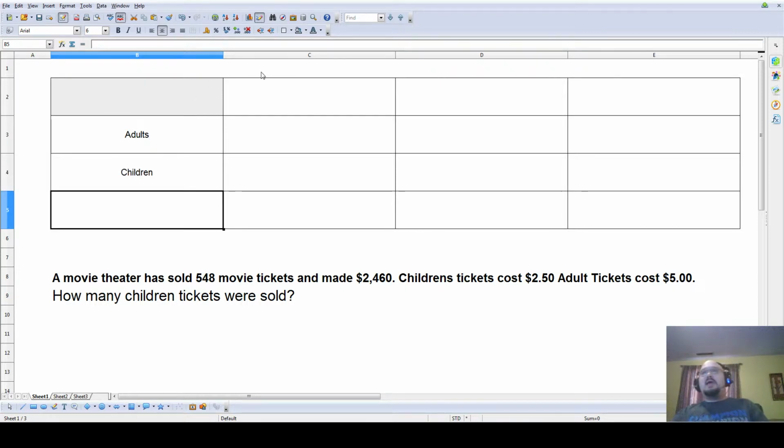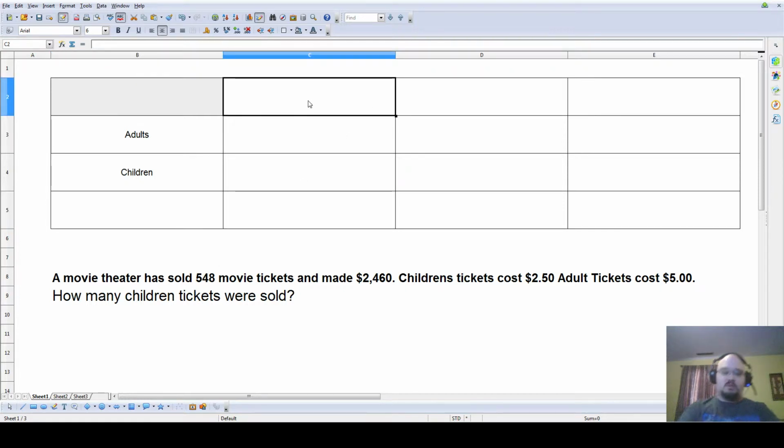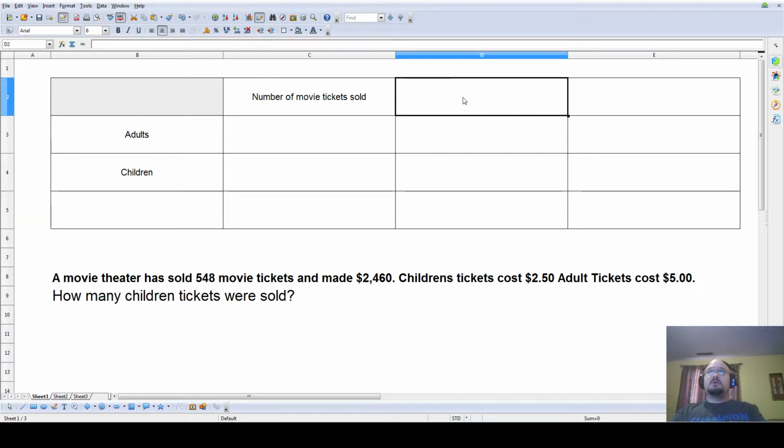Great. Now, on the top row, it's always what's happening to these guys, or what are they doing. And in this case, the information that we have is movie tickets. So I'm going to write up here the number of movie tickets. There we go. So that's the number of movie tickets sold.